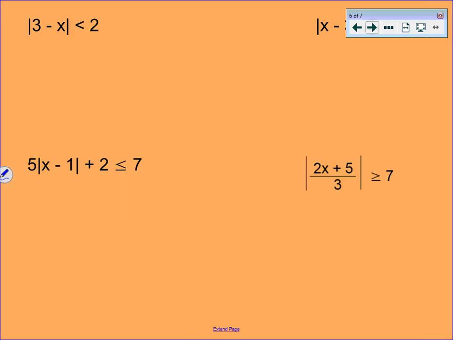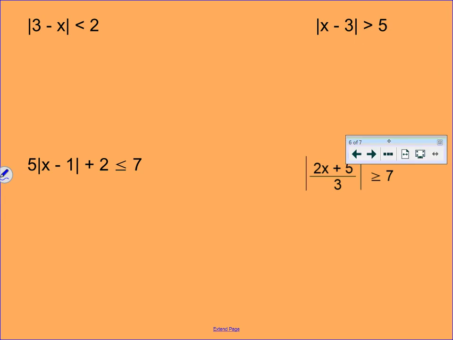Now, I have 4 examples for you here. Okay. With the first example, again, look at what your sign is. Your sign starts out as a less than. And if it's a less than, then we know that it has to be an and question.